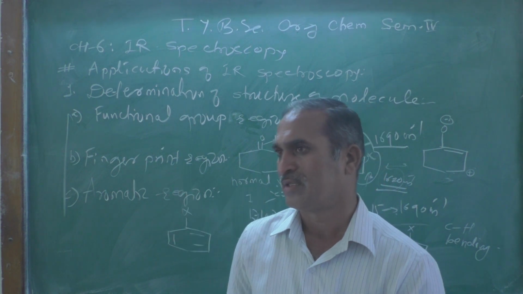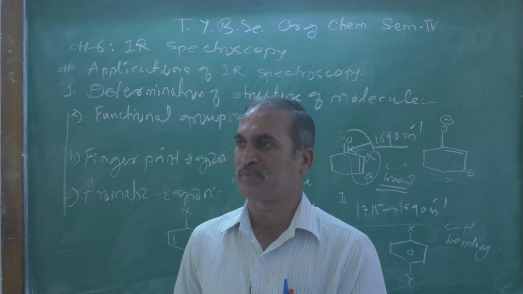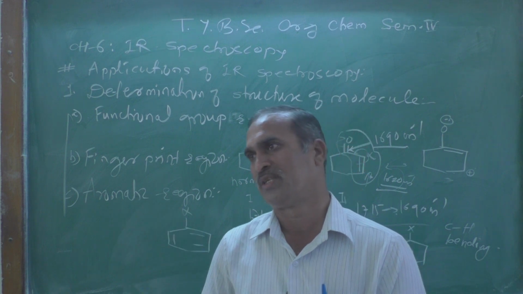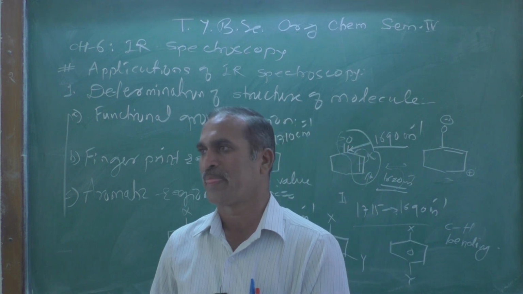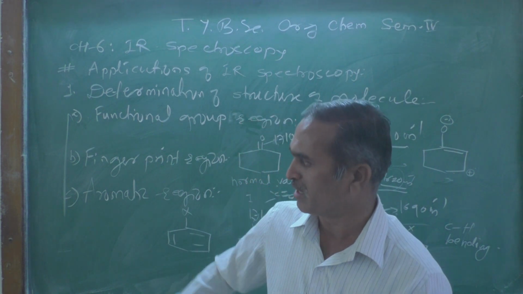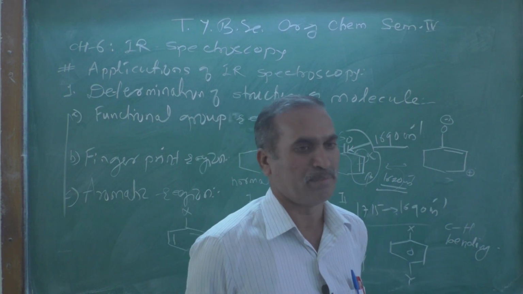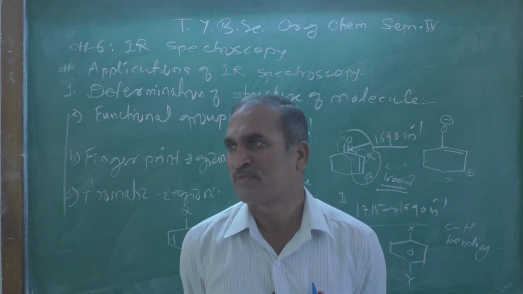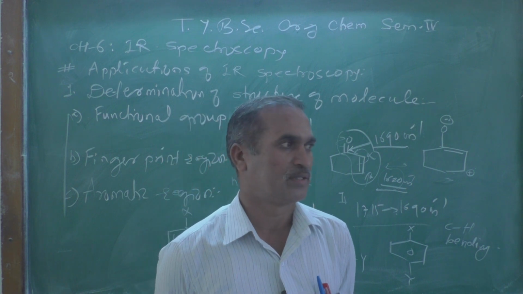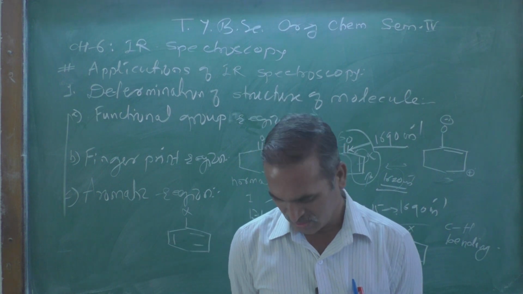Those bands generally appear around 910 to 950 or somewhere around 850 to 910 per centimeter, and from that we can come to know whether an aromatic compound is present or not.